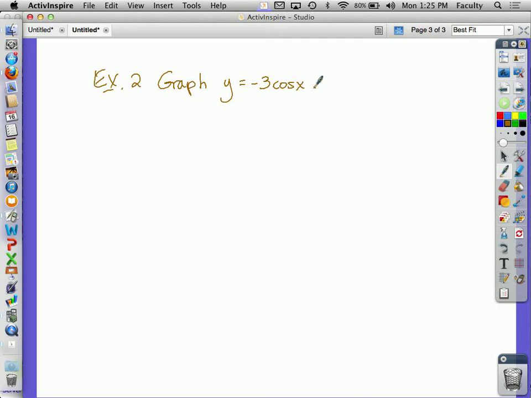Alright, now what happens if you put a negative out front? Okay, the period is still 2 pi. Now what I want you to know, amplitude is not a negative 3. Amplitude is a distance, and distance cannot be negative. So my amplitude is the absolute value of negative 3, so it's just 3.